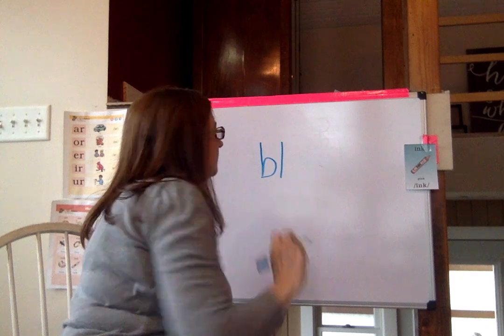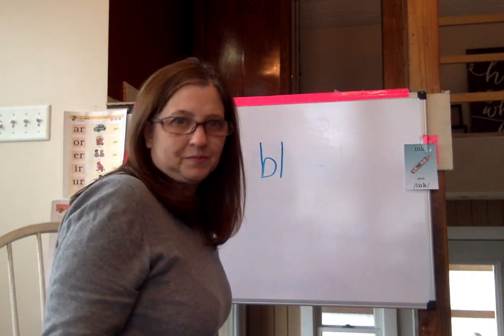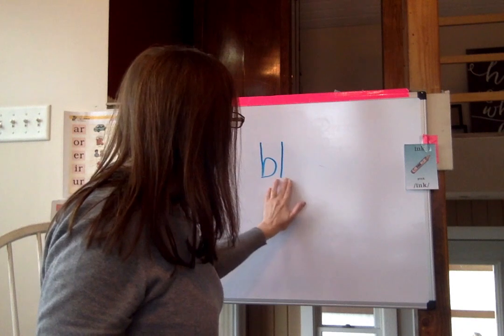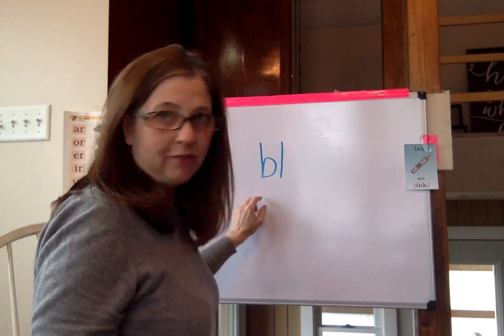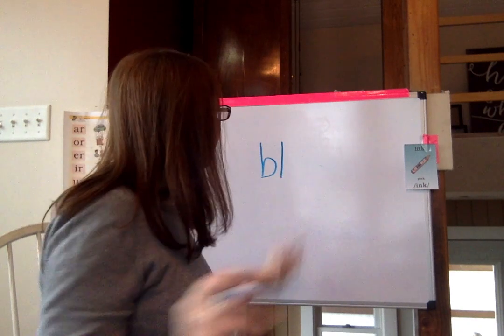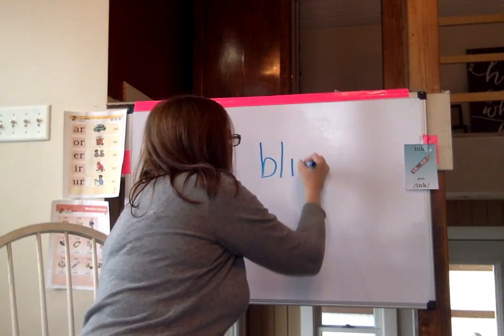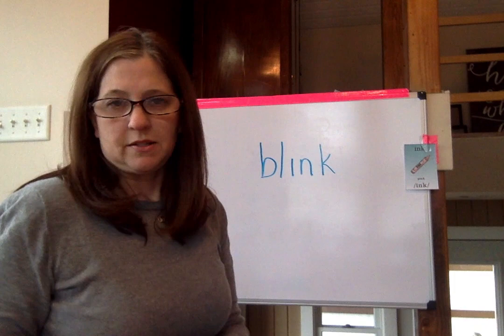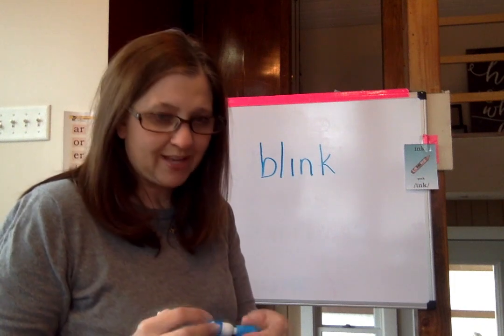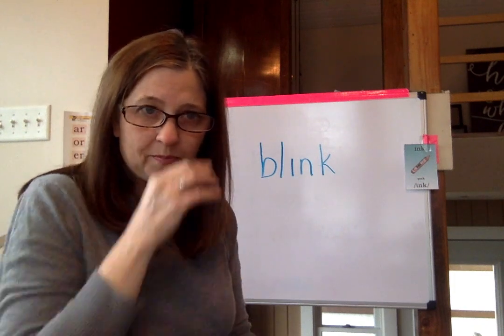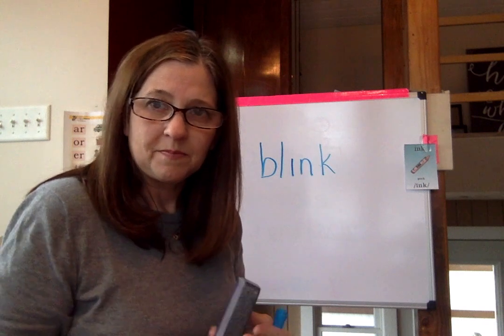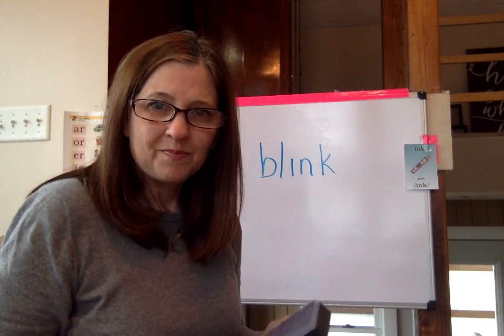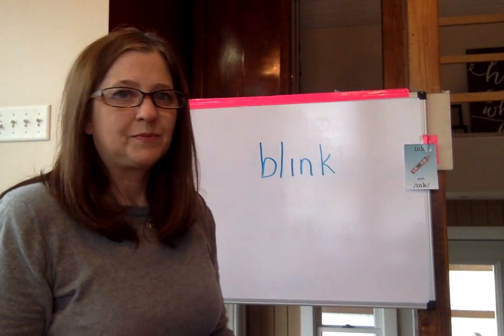L. And then let's write our last sound, which is the glued sound, my friends. Ink. Thumbs up when you are finished with that. Good job, friends. Good job. Awesome. Great.